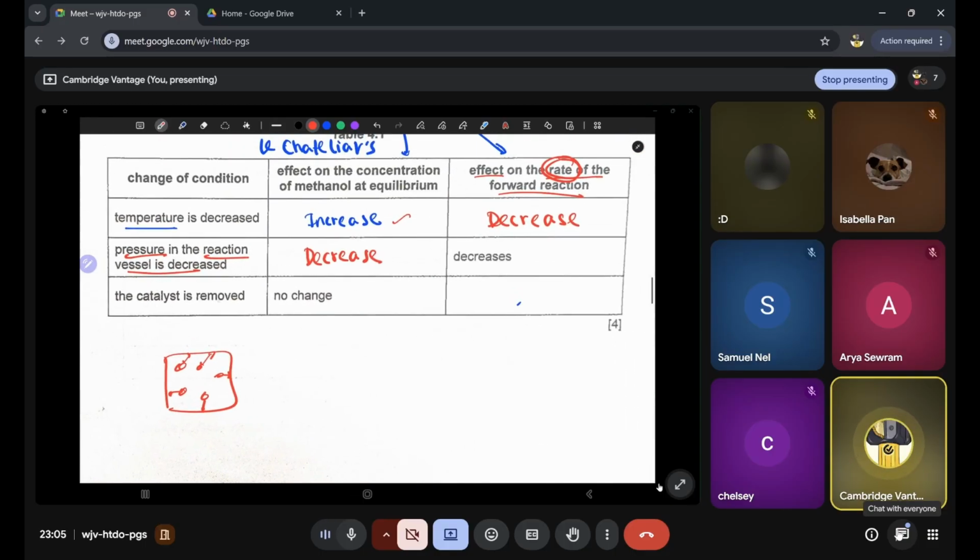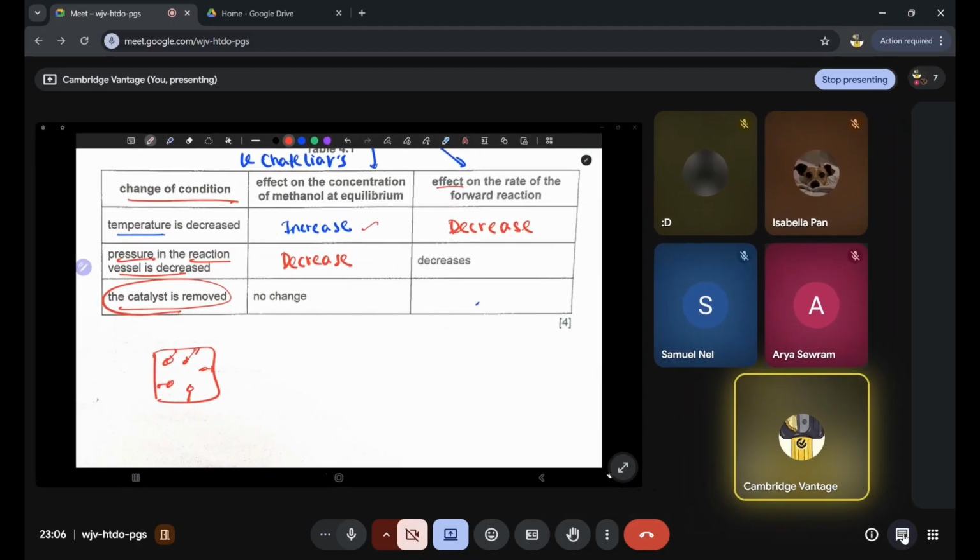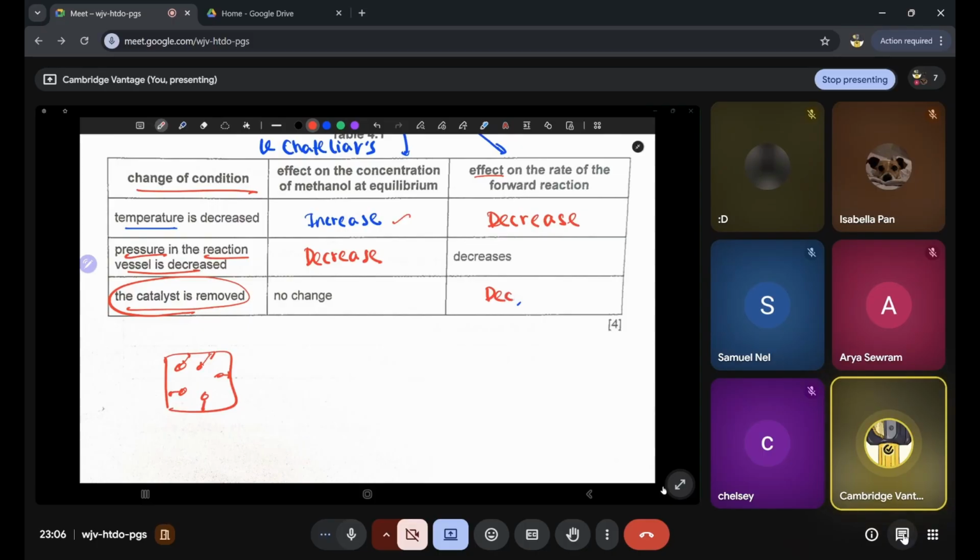All right. The next part, change of condition is catalyst is removed, and what we need is the effect on the rate of the forward reaction. Isabella, can you tell me what will happen to the rate of forward reaction when the catalyst is removed? Yes, you are correct. It's going to decrease.